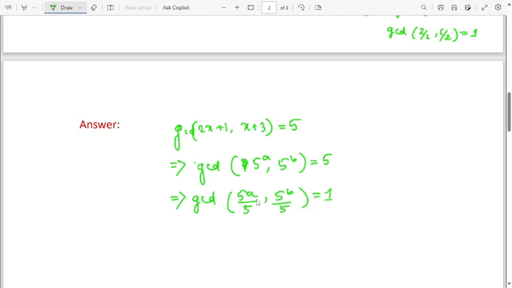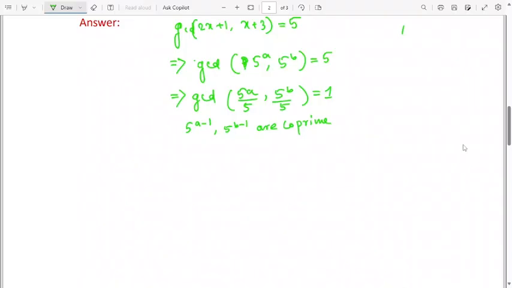So that means 5 to the power a minus 1, comma 5 to the power b minus 1 are co-prime. If they are co-prime, what does that mean? The common divisor will be 1. Could you tell me what will be a and b?